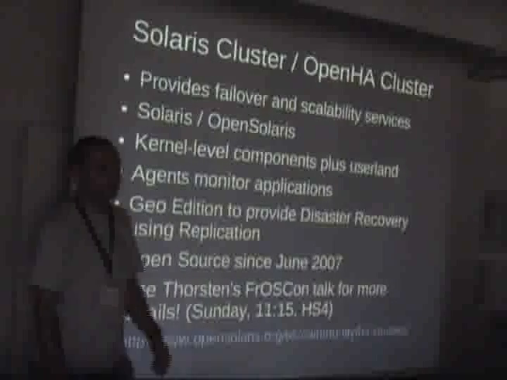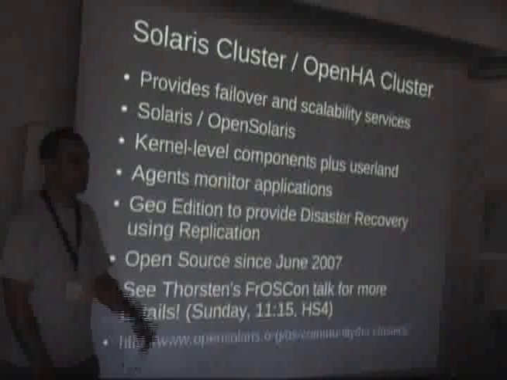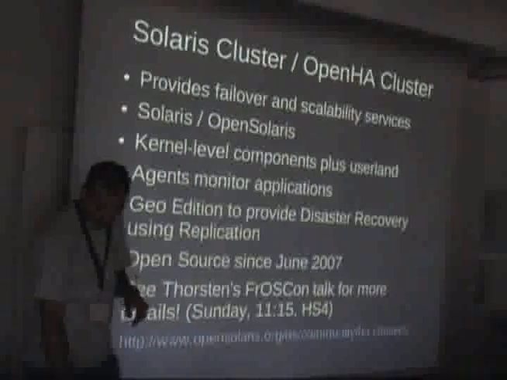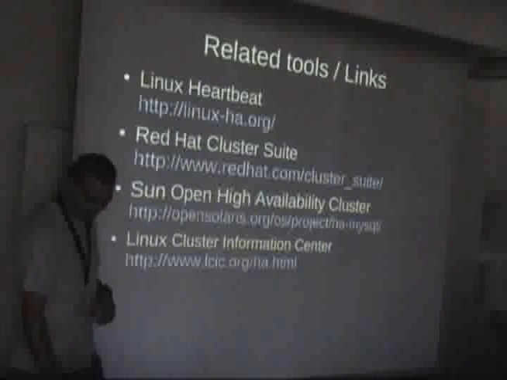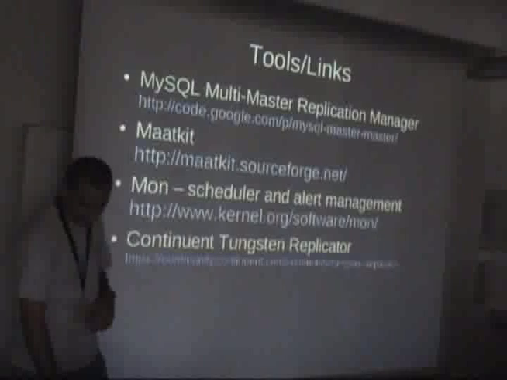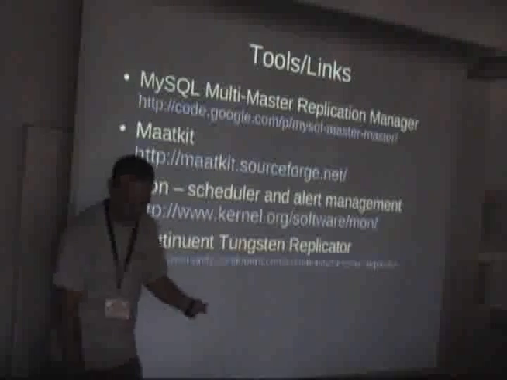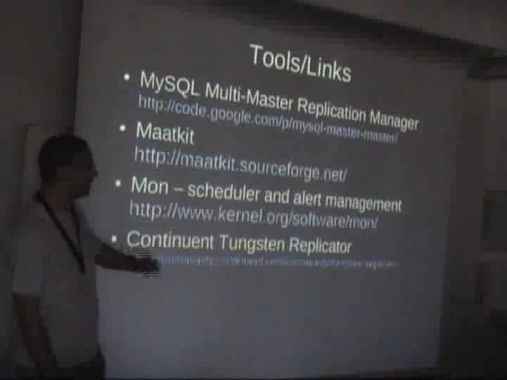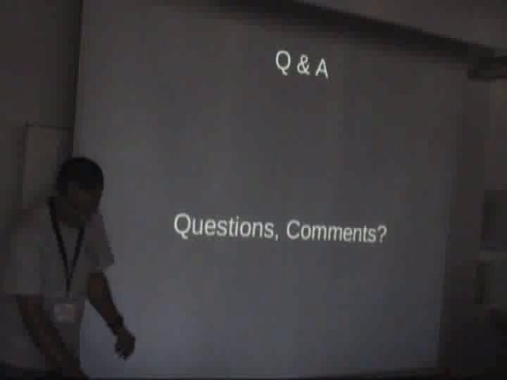There's a talk about it in the FrOSCon main track tomorrow, and one of the developers is down at the Sun booth, so you can get a live demo there. That makes it easy. Some more links: Linkfast, Continuent Tungsten Replicator, we heard about this earlier today. Maatkit is not really an HA solution, but comes in handy to automate some of the things. And with this, I guess we're done.